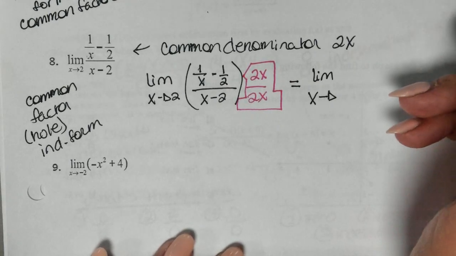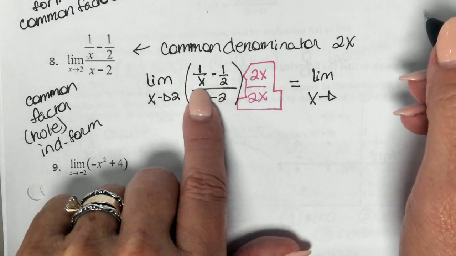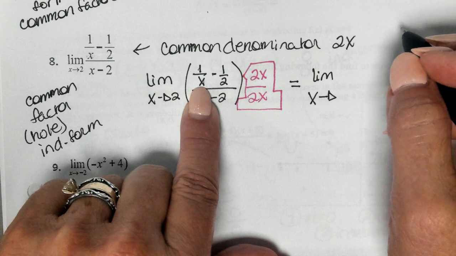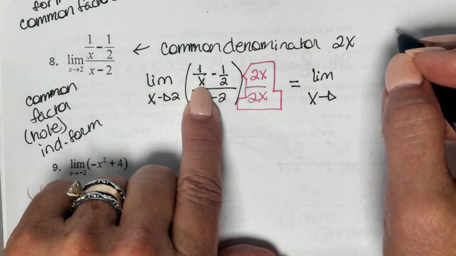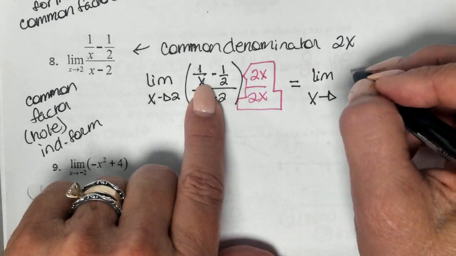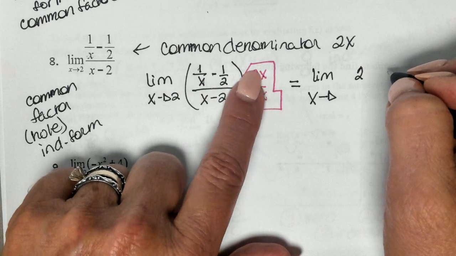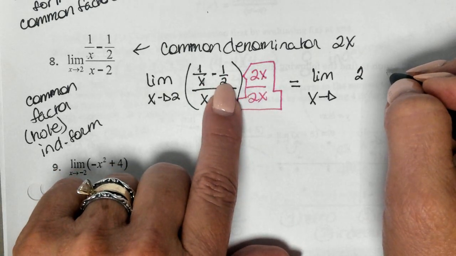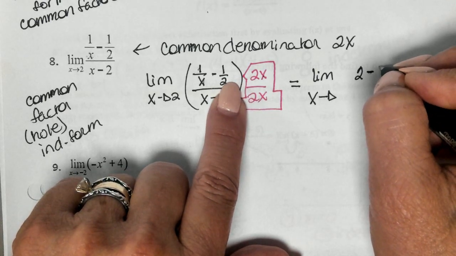Make sure your work is nice and neat. When I distribute the 2x over to this term, I'm going to end up with 2 on top, and my x's are going to cancel, so I'll just end up with a 2. When I multiply 1/2 by 2x, my 2's will cancel, and I'm just going to end up with an x.